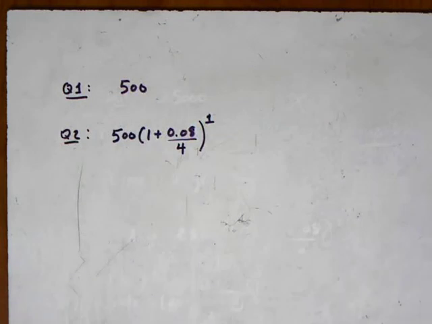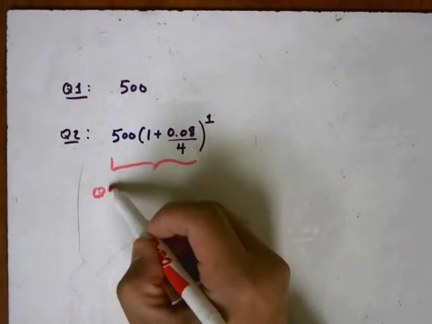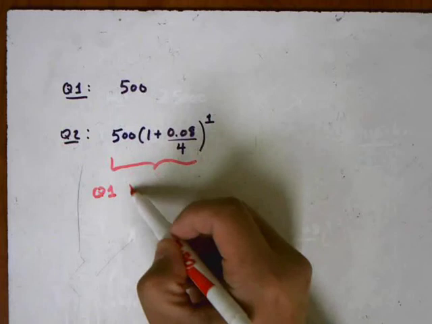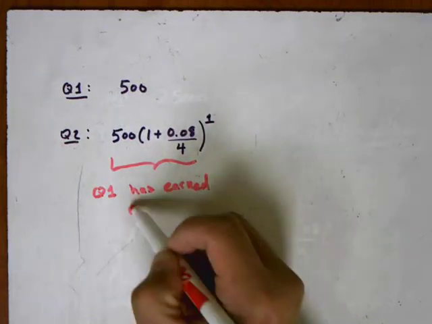However, this is the money that he has left over from the previous quarter. So I want to make a note here: this is quarter one, which has earned interest.